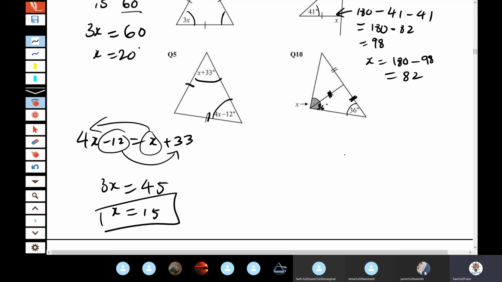What else? Do what we just did above. 36 plus 36 is 72. And then to find this angle in here, you do 180 minus 72, which is 108. To find this angle in here, you do, again, straight line. 180 take away 108, which is 72. And now, Darius, what would you do at this stage?